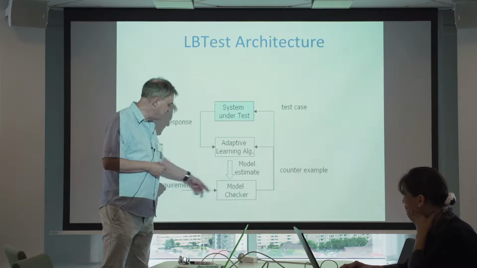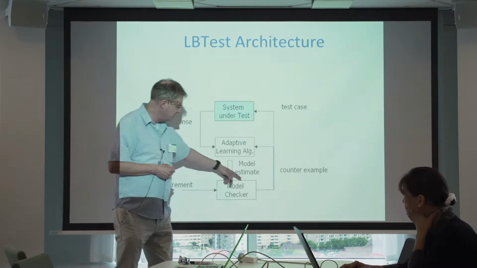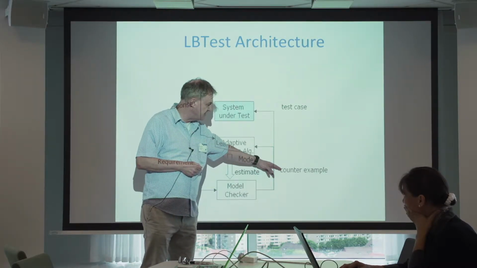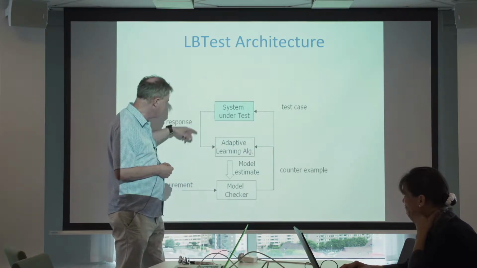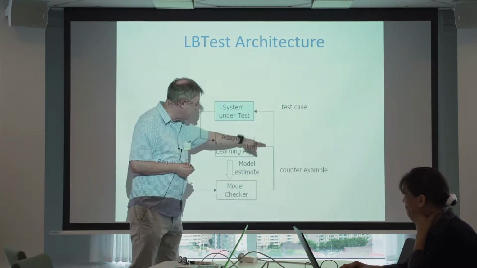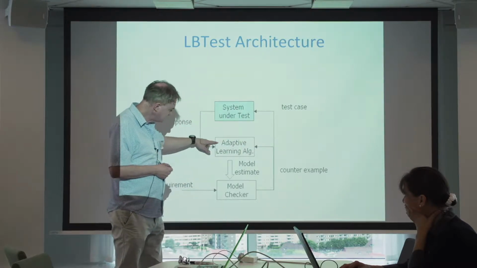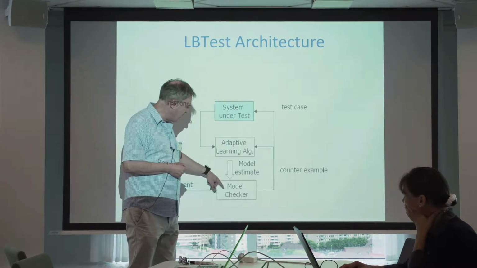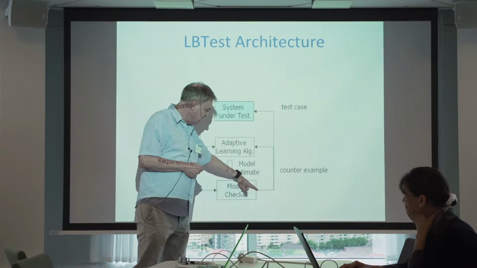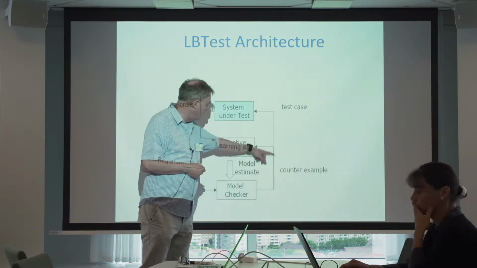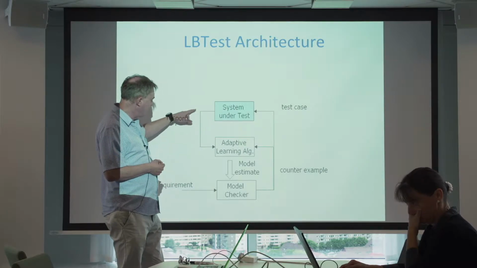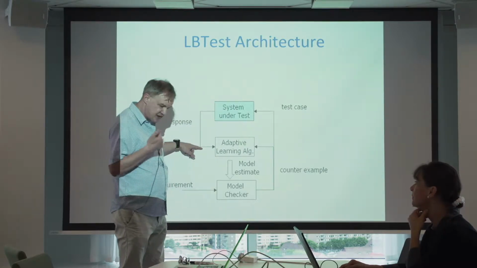So there's the requirement. So you get your model estimate, you get your requirement, you get a counterexample, an LTL, you can strip it off and make a new test case. So there are actually two loops going on here. There's an inner loop where we're building the next model estimate, and then there's an outer loop where we're analyzing that model estimate. And if we find a counterexample, we run it back through, and then look what happens. If it's a true negative, great.